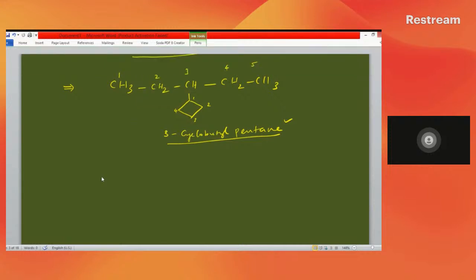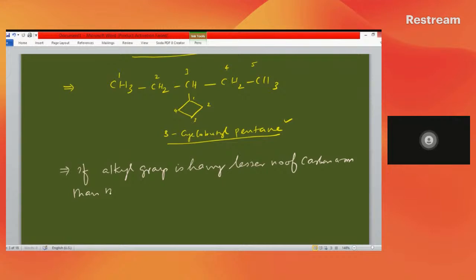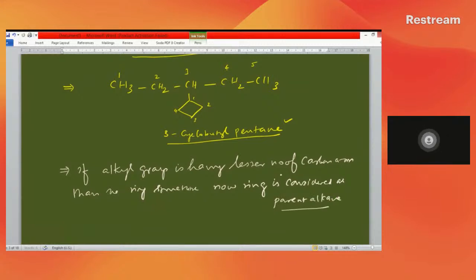In opposite to that, suppose the alkyl group has a lesser number of carbon atoms than the ring structure, now the ring is considered as the parent alkane, and the alkyl must be treated as a branch.